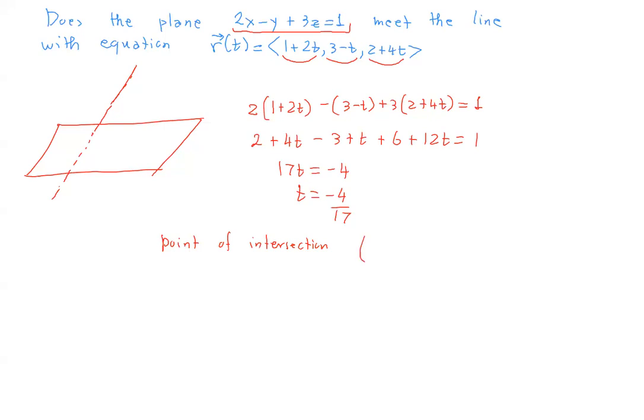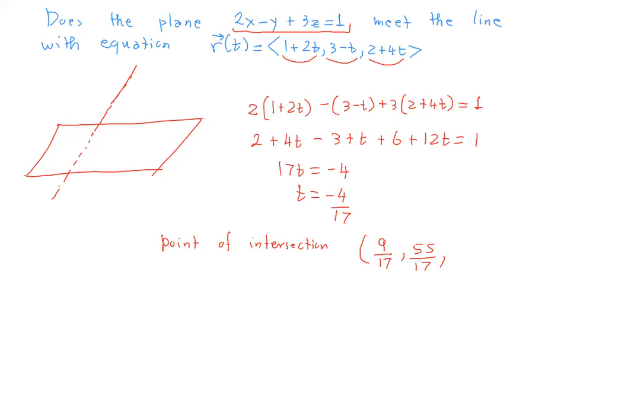The point of intersection will simply be 1 minus 2 times 4 over 17. So that's, I guess, 9 over 17. Then 3 plus 4 over 17, so that's 55 over 17. And finally, we have 2 plus 4 times negative 4 over 17.